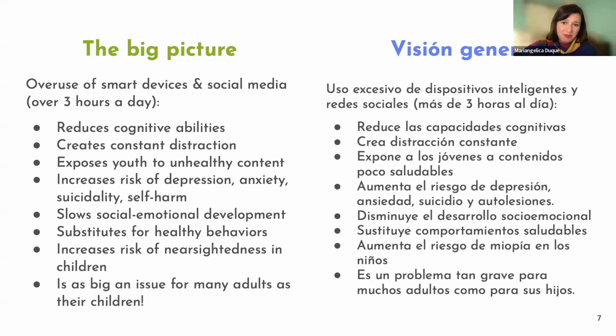It substitutes for healthy behaviors like socializing, sports, outdoor activities, group participation, and healthy boredom. Actually, a getaway to creativity. It makes children more likely to be nearsighted. Is as important an issue for many adults as it is for children.